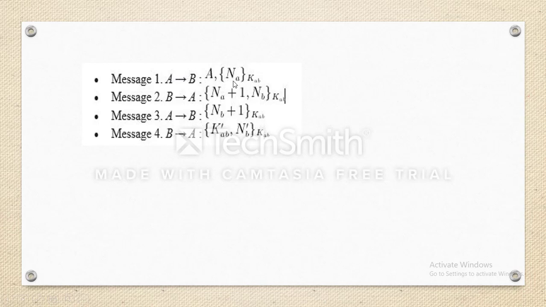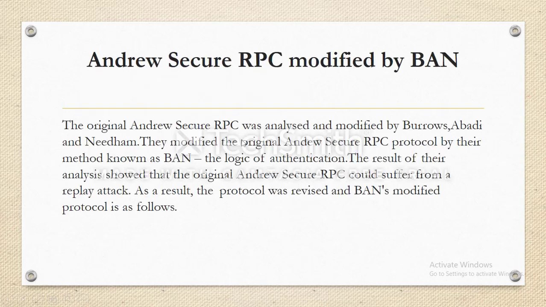Here A sends its nonce to B, encrypted by the shared key KAB, and B accepts the message and sends another message to A. After that A accepts the message sent by B and sends another message to B. B accepts that message, and at last it sends another message that contains our new session key, K prime AB, and the new nonce, N prime B.